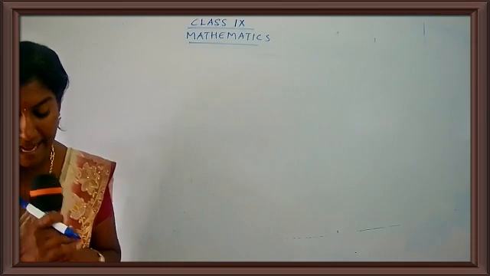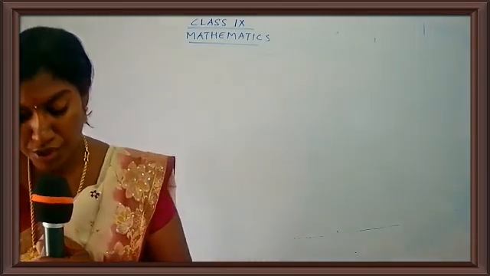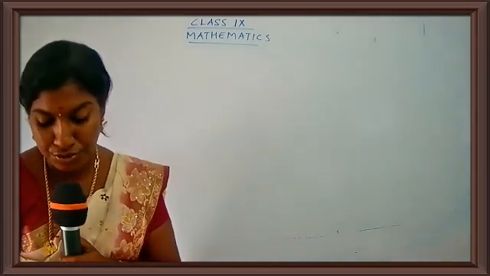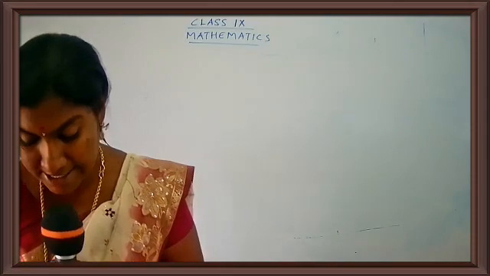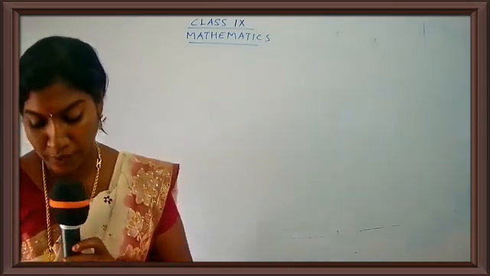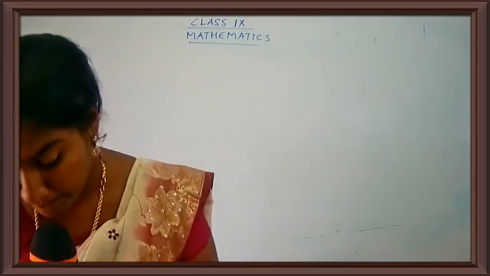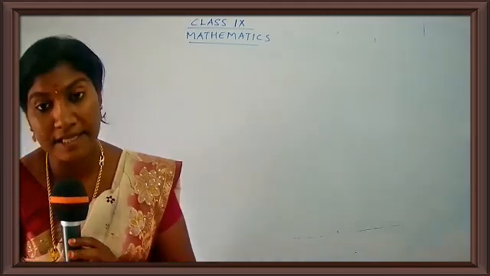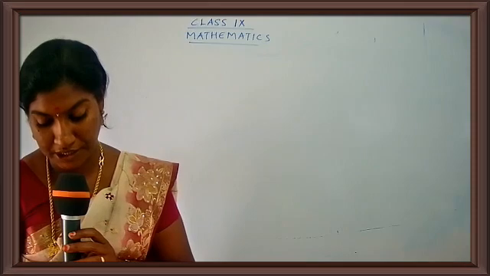What should be added to 2x cube plus 6x square minus 5x plus 8 to get 3x cube minus 2x square plus 6x plus 15?